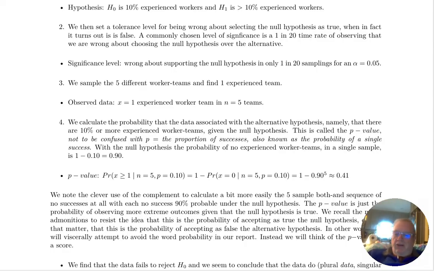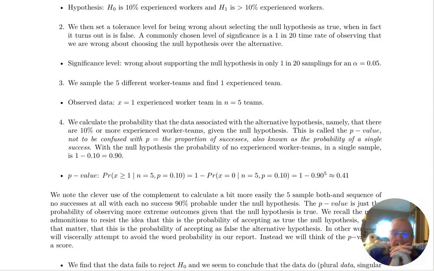Now, the p-value is calculated in this way, and it works out to be 0.41. It's the probability that x is greater than or equal to 1 for n equals 5, p equals the proportion in a binomial case of 10%.